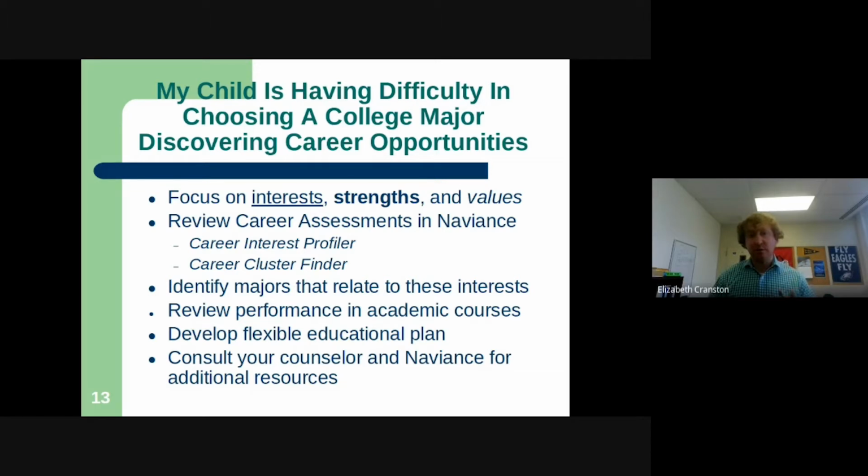We have two different career assessments that I highly recommend the child complete at this point in their school year. We have the Career Interest Profiler, which captures your child's interests to help identify their personality traits and potential career path. It takes about 15 minutes to complete, and there are 16 questions about their interests.